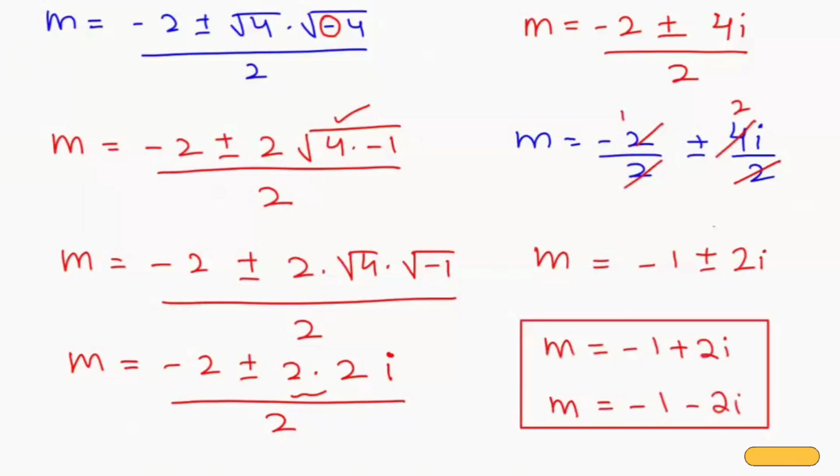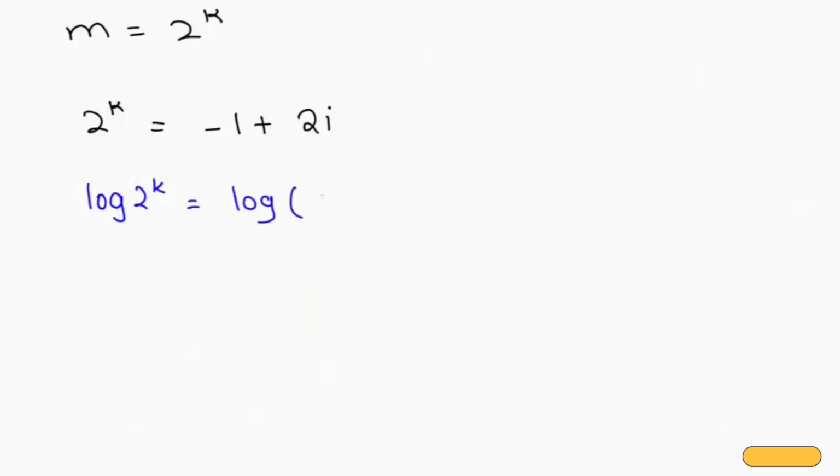Now I'm going to plug this value into the equation that we let. m is equal to 2 to the power of k, and now I'm going to plug in here 2 to the power of k is equal to the m value, minus 1 plus 2 iota. Now I'm going to take log on both sides. Log of 2 to the power of k is equal to log of minus 1 plus 2 iota.